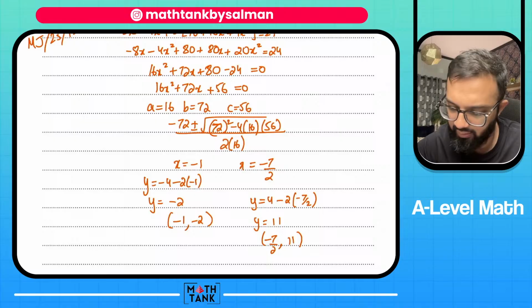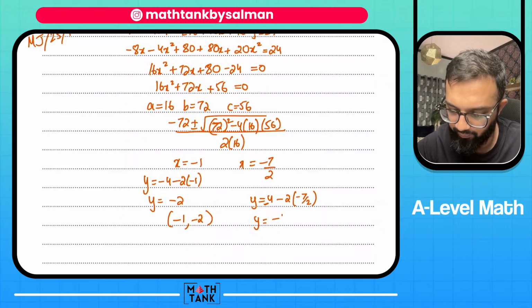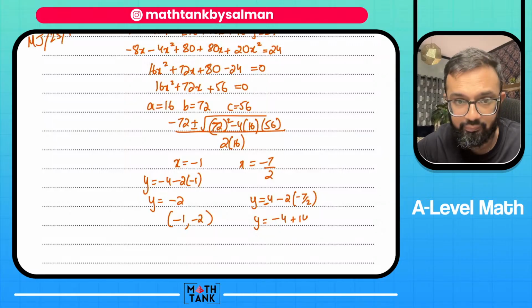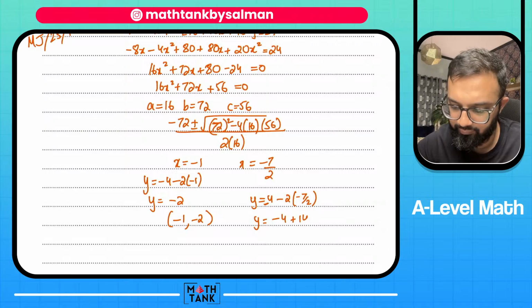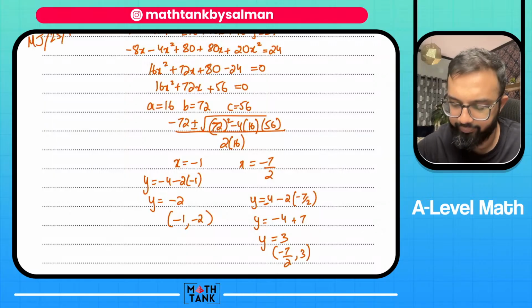Oh no, I made an error somewhere. Minus 4. Minus 7 over 2, comma 3.